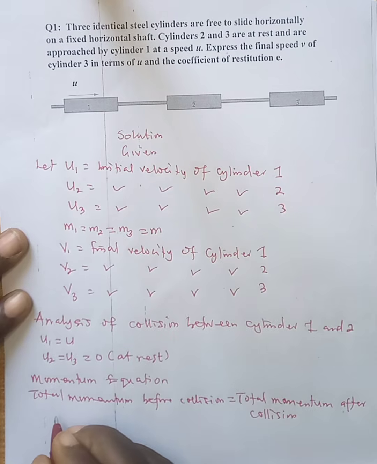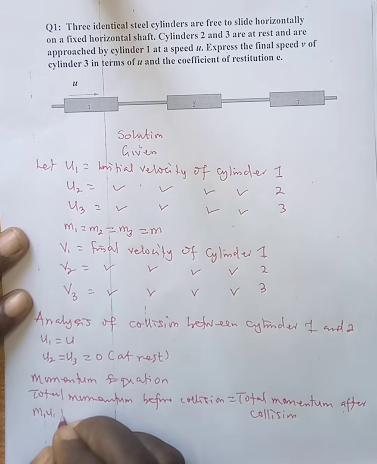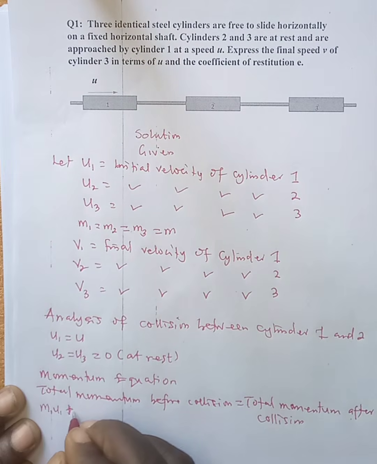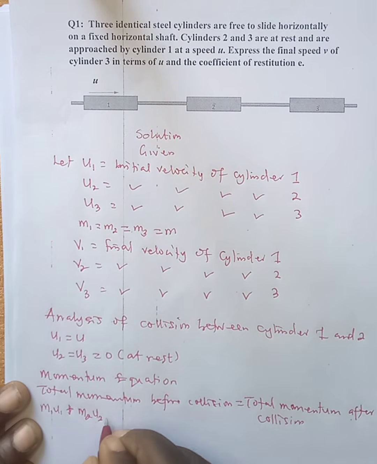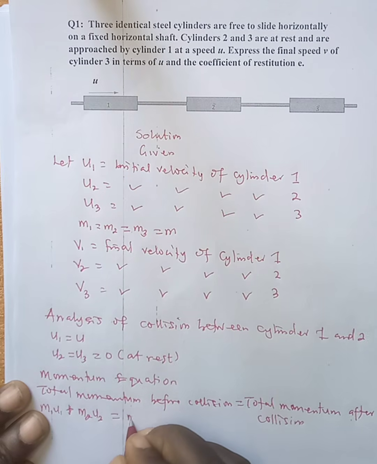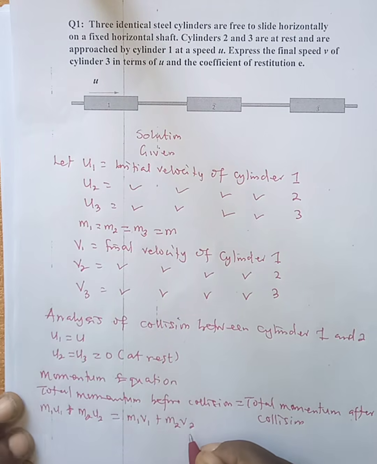Total momentum before collision is equal to momentum of cylinder 1, which is m1u1, plus the momentum of cylinder 2, which is m2u2, is equal to total momentum after collision, which will be momentum of cylinder 1, m1v1, plus momentum of cylinder 2, m2v2.